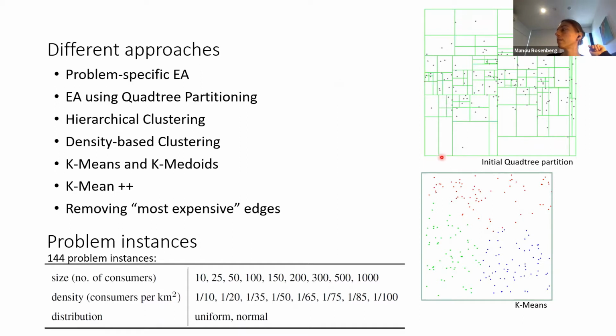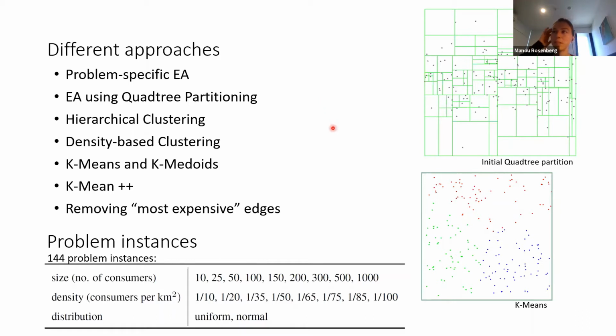So let's say this is our area with some consumers distributed here, and we want to partition our space somehow and say every consumer that is in one of those partitions is going to be connected in one microgrid or standalone power system part.